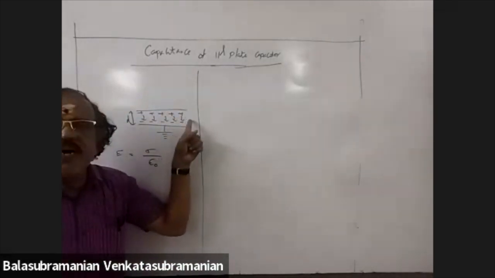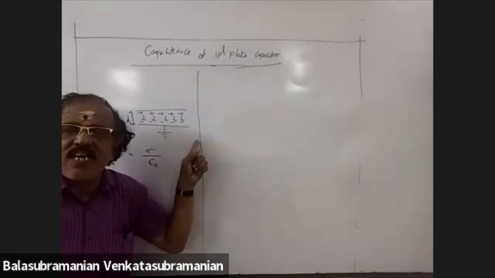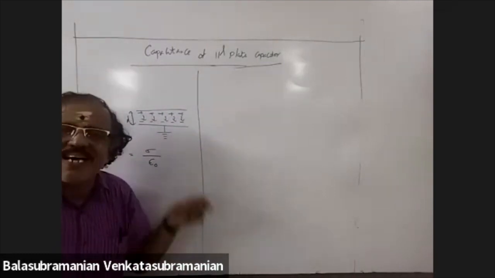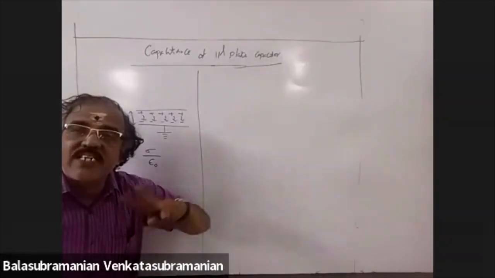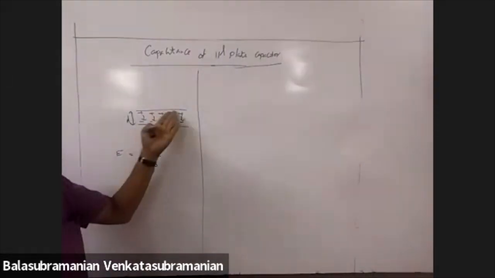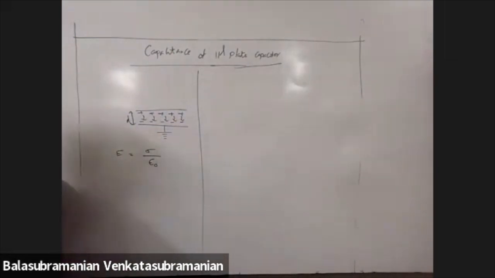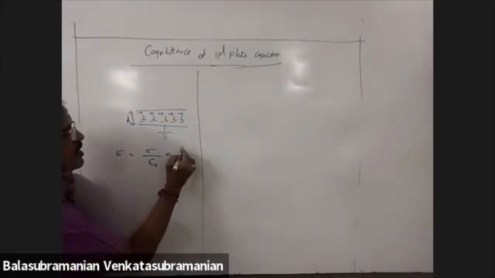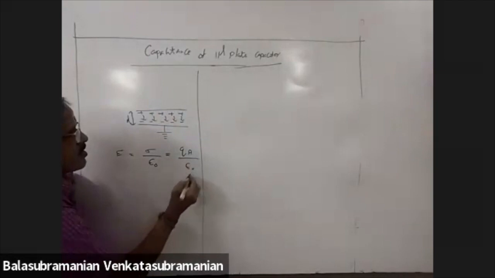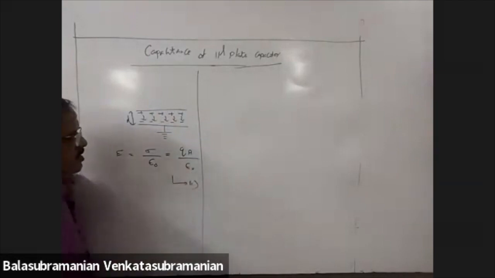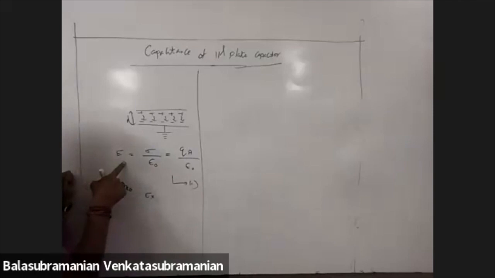One sheet is positively charged, another is negatively charged, so we can take this as the electric field due to a charged plane sheet, because the other side you have grounded. So sigma by epsilon naught. But sigma is nothing but Q by A. The basic formula we wrote: electric field E is equal to Q by A epsilon naught.